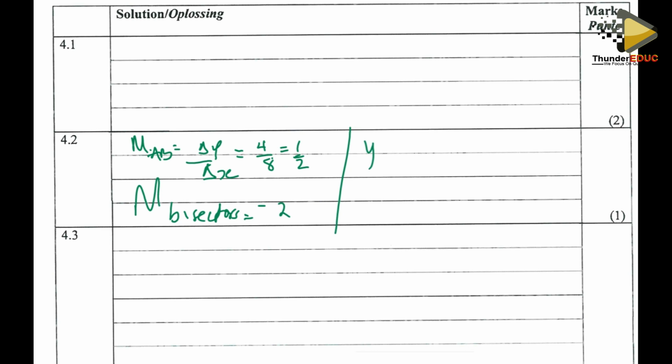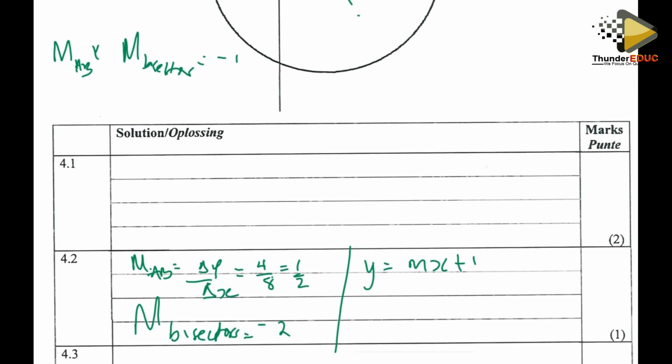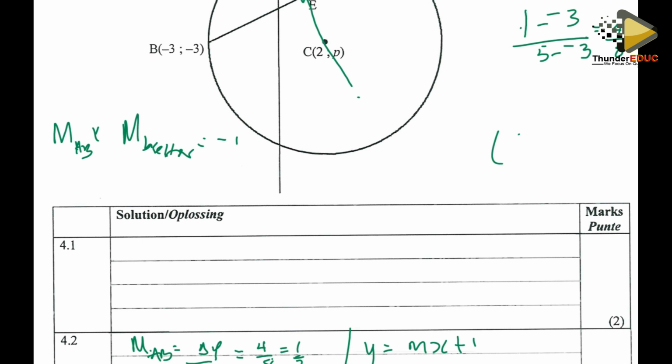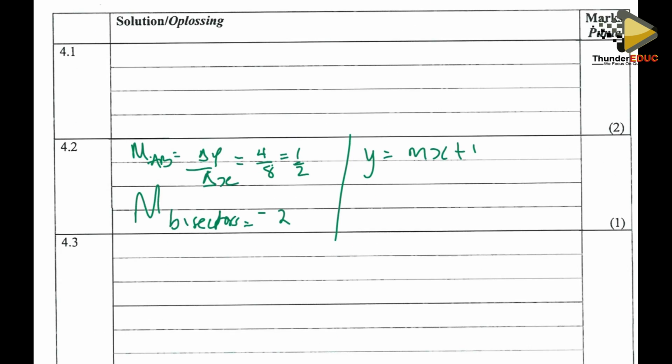And then I'll go and use my y equals mx plus c, or the y minus y1 formula, and so on and so forth. So I'm using (1, -1) and substituting into that. -1 is equal to -2 into 1 plus c.